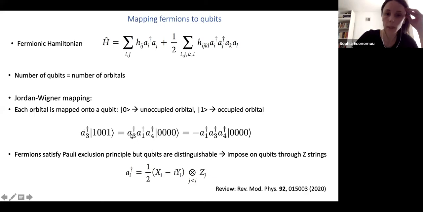So when I pass A3 through A1, I get a minus sign. And this is, of course, something that I need to preserve when I go to the qubit space. And to preserve that, what we do is we multiply the raising lowering operators on the qubits, which is given by this x minus iy in this case, by z's. So these are Pauli z operators acting on the qubits that are before that in the enumeration sense.